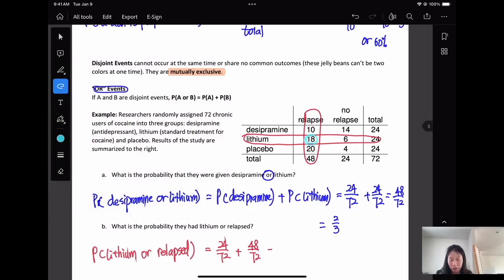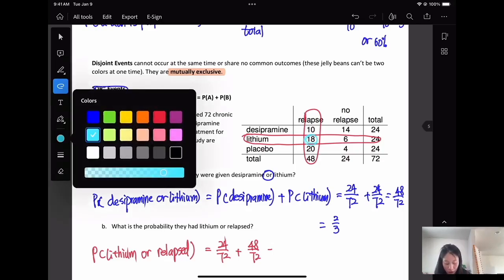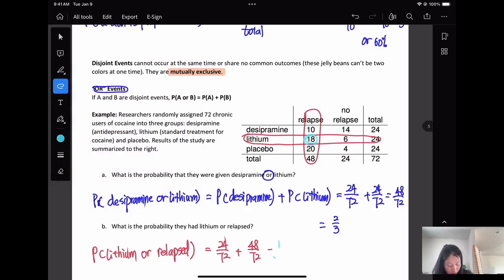When we counted the number of people who took lithium, we counted 18 plus 6. And when we counted the people who relapsed, we counted 10 plus 18 plus 20, and got 48. That means we overcounted 18. So when finding the probability, we need to subtract the part that we overcounted twice, which is 18 out of 72.